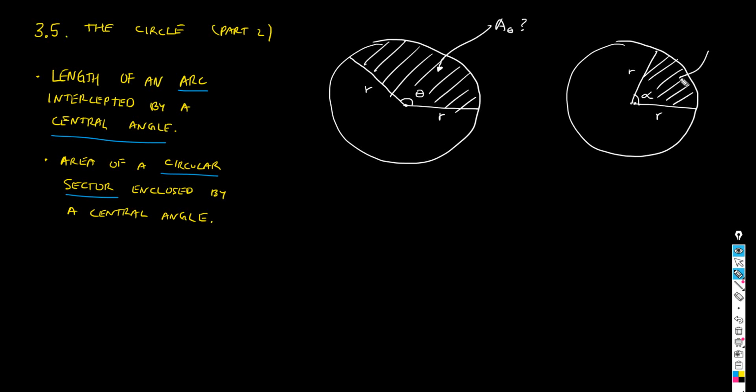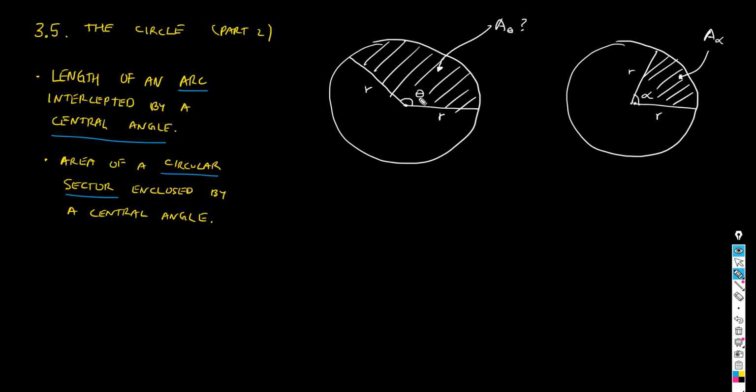Let me call the area of this sector A sub alpha, and this one A sub theta. Basically this theorem tells you that the areas of sectors are proportional to their central angles.